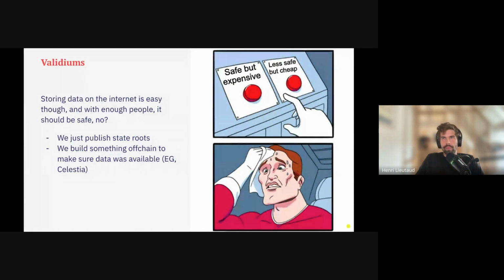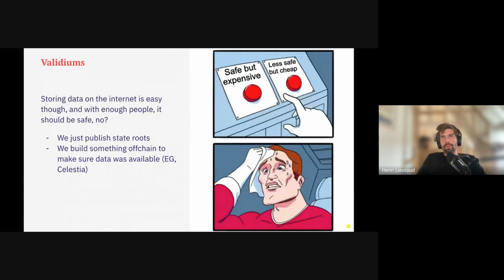It's about proving that the state was available at some point for somebody to download. And that's what stuff like Celestia is about. And when you think about it, that's what we're doing with ZK rollups too, right? With the validity rollups, we make sure that the data is part of the history so that it was published at some point, but if and when Ethereum nodes start dropping part of the state or the history of the chain, this will be lost.